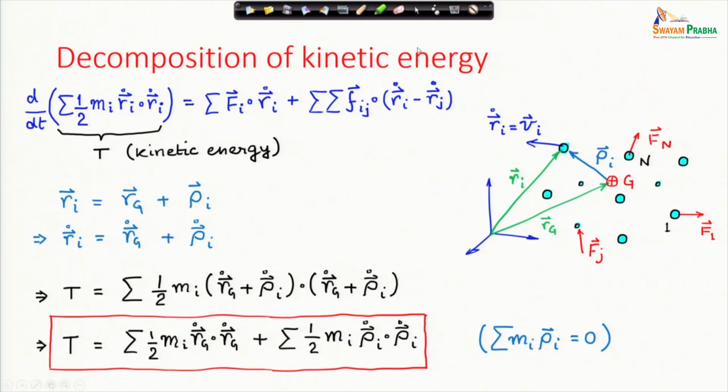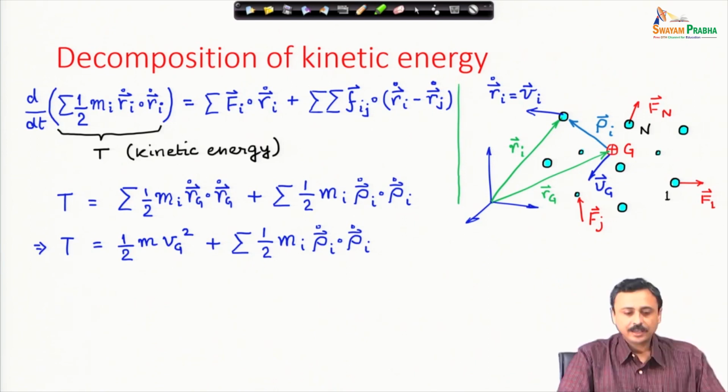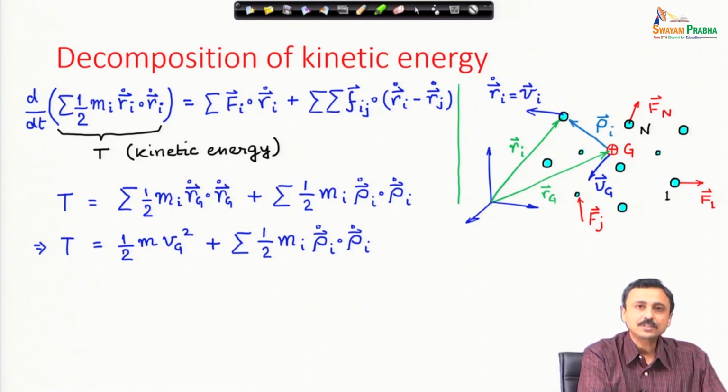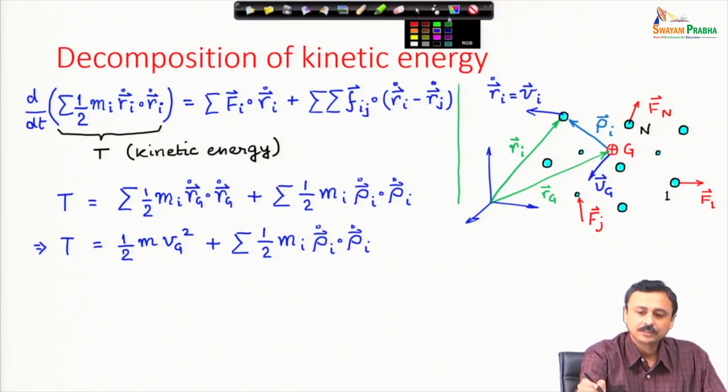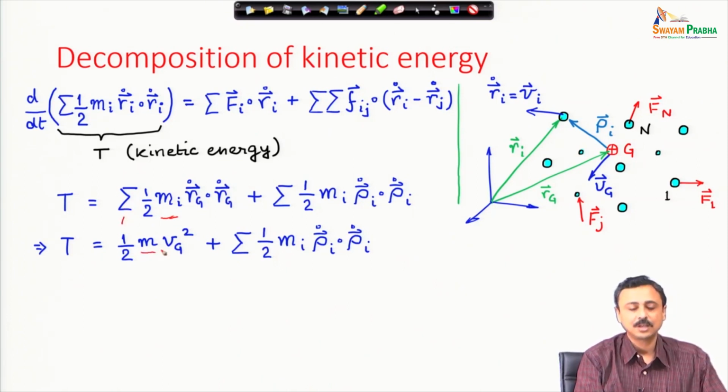Now, let us look at these individual terms and what they mean. This is the expression we have obtained for the kinetic energy. The first term can be written as half the total mass of the system times the velocity of the center of mass squared. You will notice that this only has the index i, therefore this summation over i is a sum of all the individual mass values.